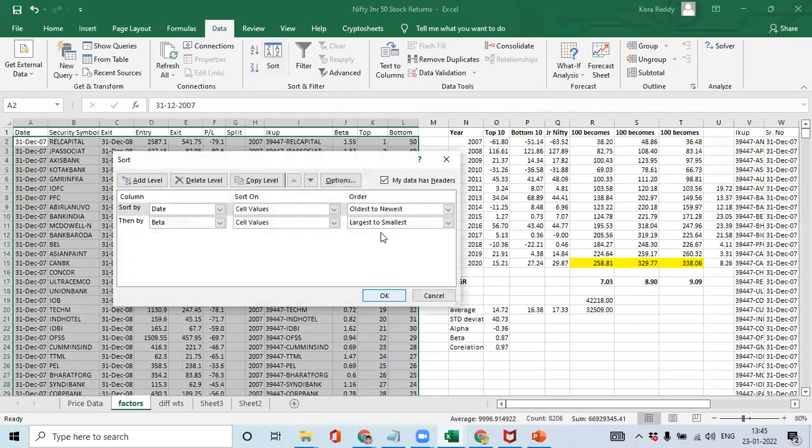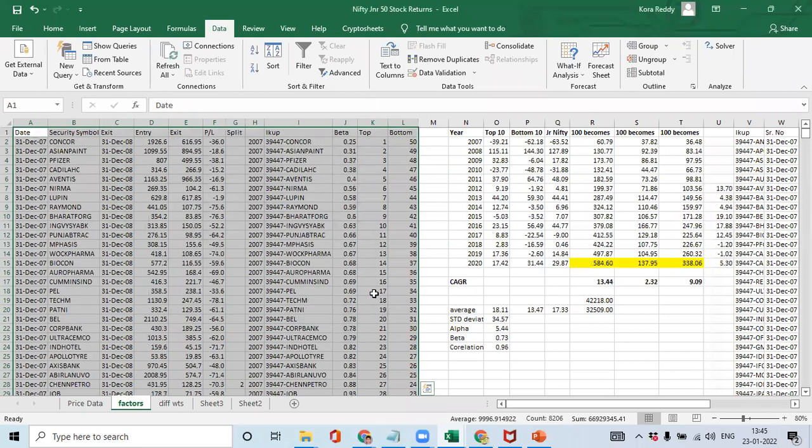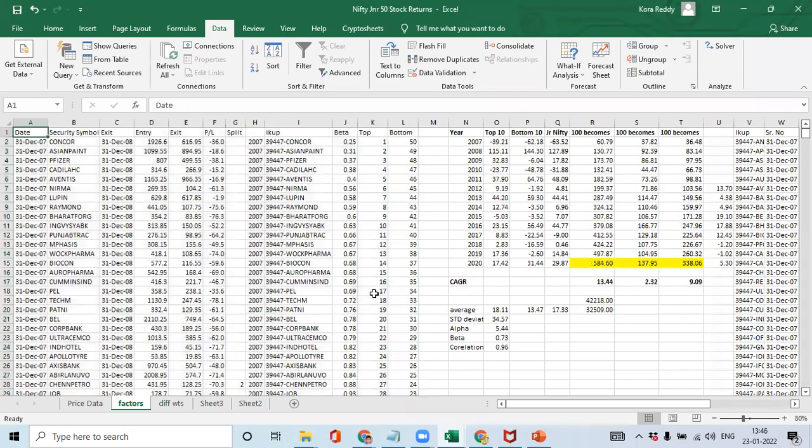I will do small to large. Doesn't matter, right? If I do it here, top and bottom interchange, right? So the beta is 584. 100 becomes 584 in beta in junior Nifty.